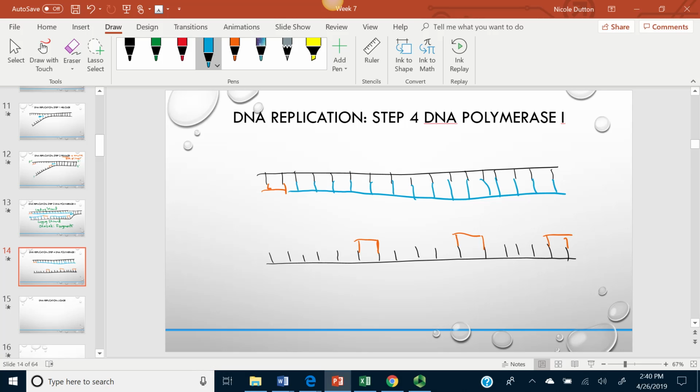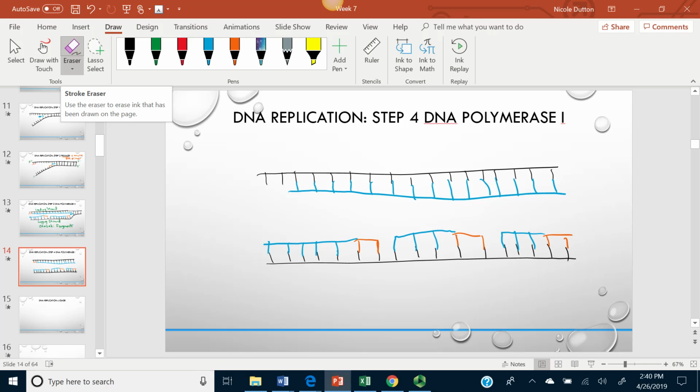But our lagging strand looks a little bit different because this one was made backwards in these fragments. So DNA polymerase 1 is going to try to fix this. What DNA polymerase 1 does is it comes in here and gets rid of the primers and replaces those primers with DNA.